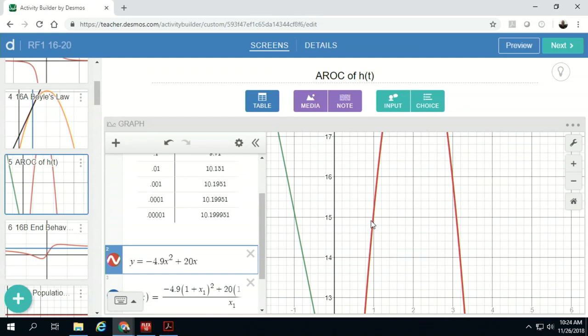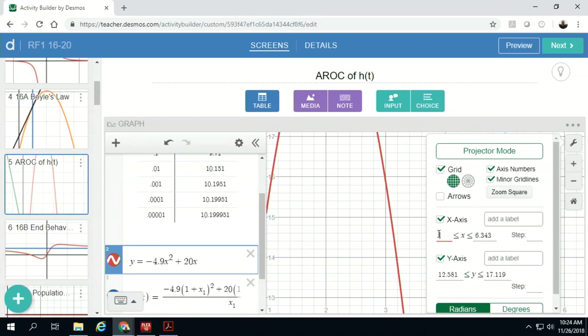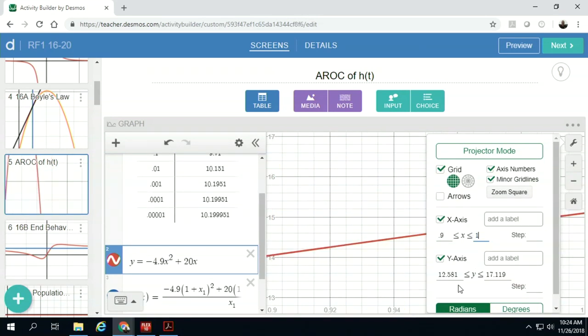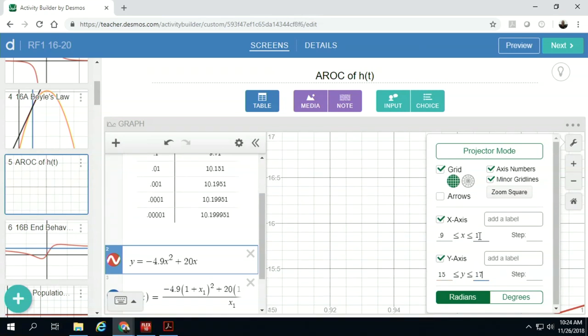And in fact, as I zoom in here, let's graph from 0.9 up to 1, and let's graph from 15 up to 17.1.